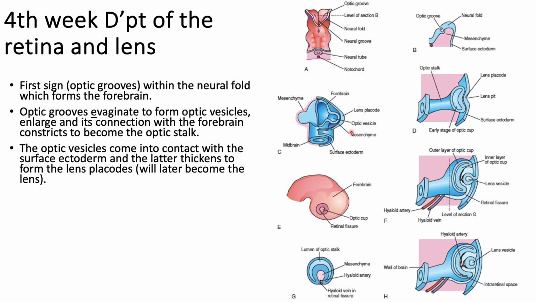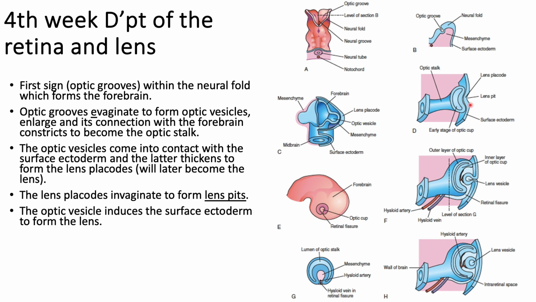Later, the surface ectoderm will thicken because of the inductive effect of the optic vesicle. It thickens to form the lens placode, and this lens placode will later develop into the lens. So you can see that the lens placode also has an invagination known as the lens pit.